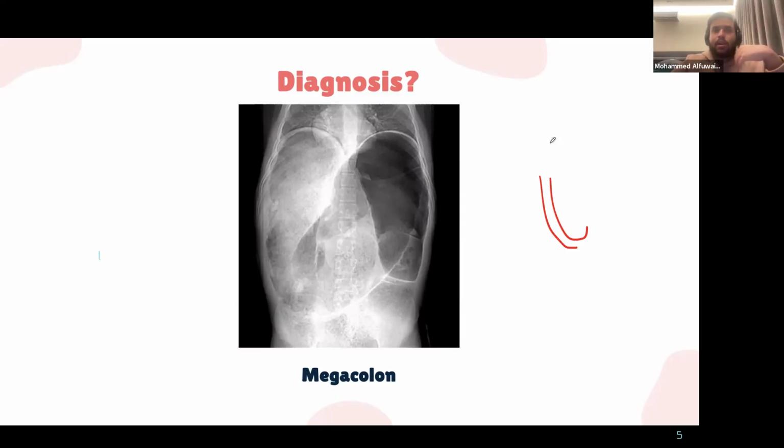Later on, because this part of the bowel is not viable usually anymore, you resect it. Later on, you do something called a stoma, which is basically a bag connected to outside, which is a stool bag. You don't need to go into the intricate details of what procedure we do.